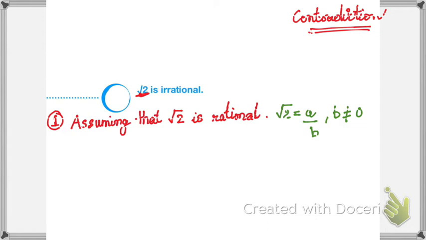One more thing to keep in mind is that here a and b are in the simplest form, which means we don't have any common factor between a and b, so these two numbers will be co-prime.